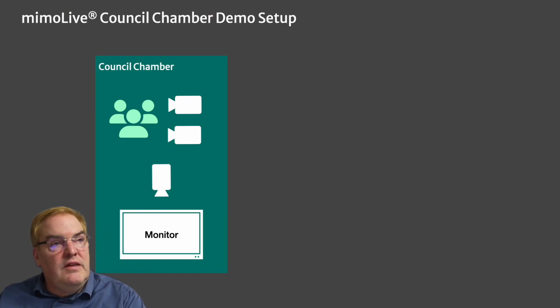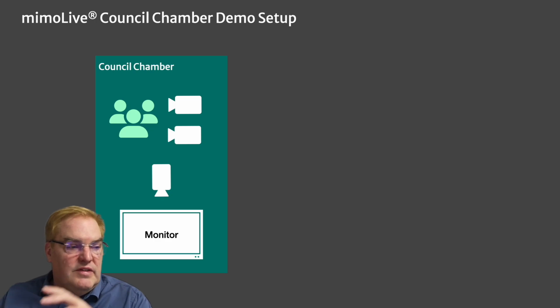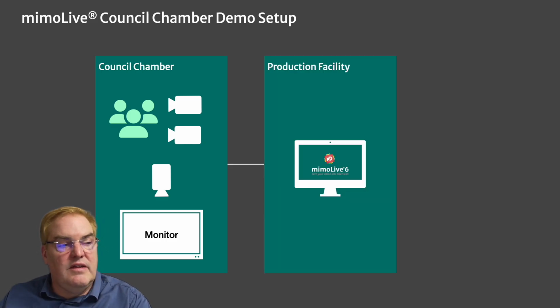Just a quick recap of the demo setup. We have this council chamber with a couple of council members, two PTC Optics cameras pointing at the council members. We have one camera pointing at the monitor, and we can send video from the production facility. The production facility is connected to the council chamber through an NDI bridge.